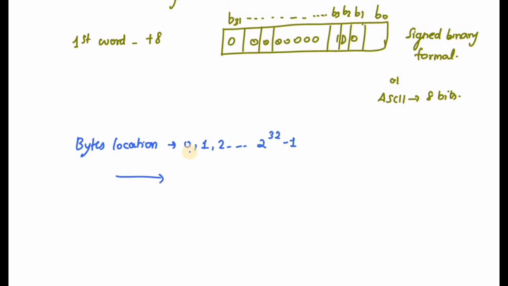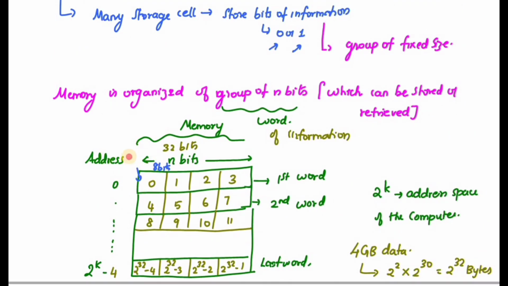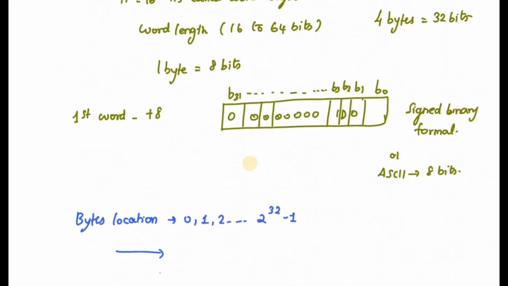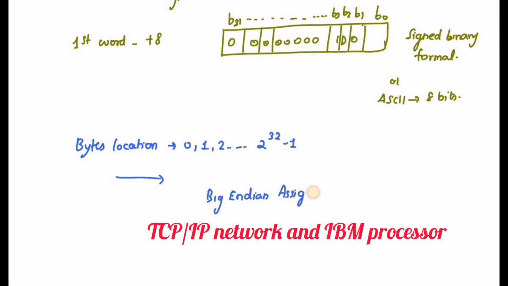Here you can see this is my MSB and this is my LSB. If we assign 0 to the MSB and 3 to the LSB, this type of assignment is called big endian assignment.